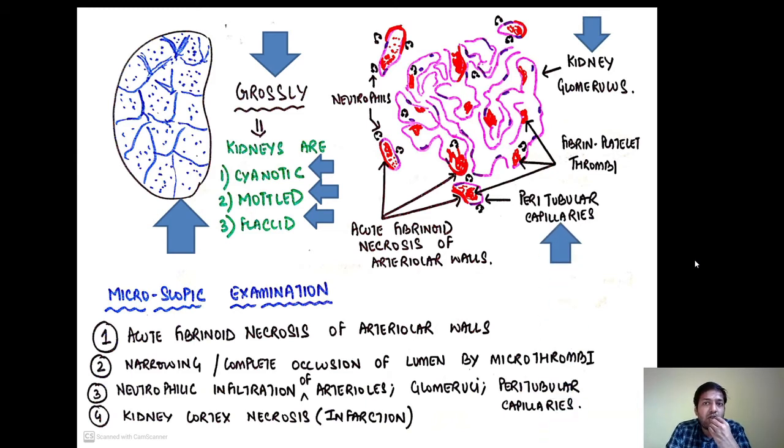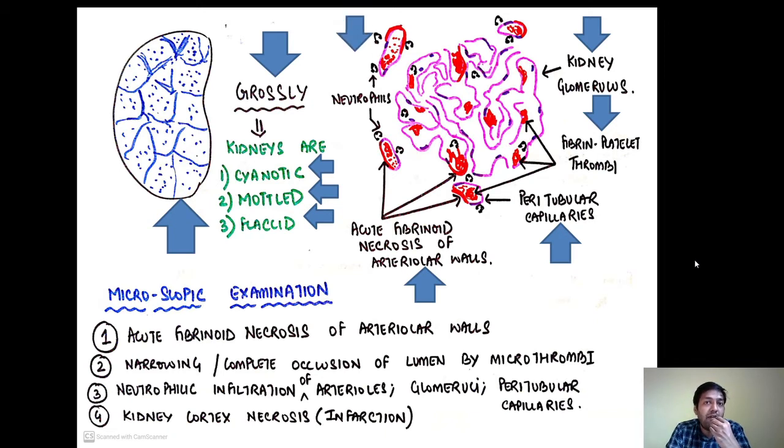They are going to show acute fibrinoid necrosis of the arteriolar wall. Why? Because the preformed antibodies have acted against the antigens. What are these antigens? The MHC antigens present on the vascular endothelial cells, and they have caused necrosis. Also, you will find fibrin and platelet thrombus formation. These are the microthrombi.